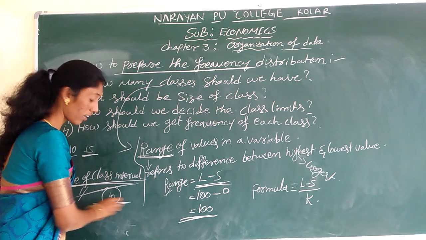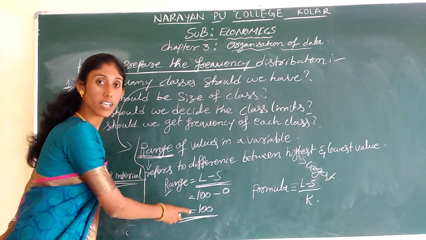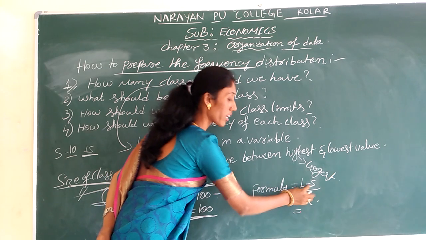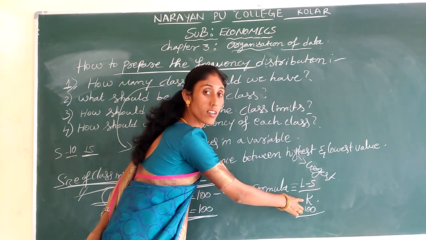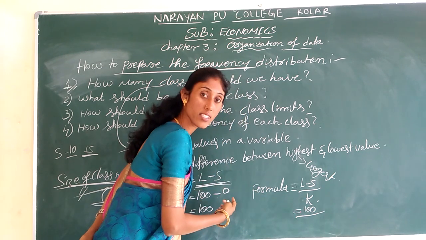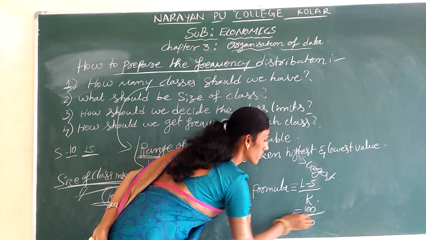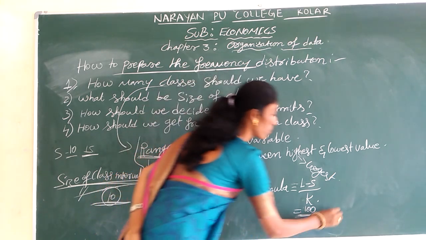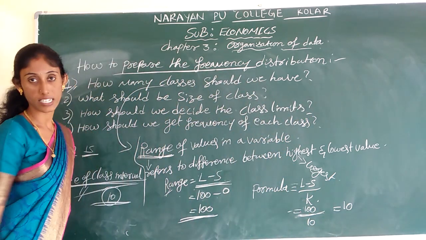Now put it in the formula. The range is 100 and K means size of class interval, which we decided as 10. 100 divided by 10 equals 10. Then the number of classes is 10.